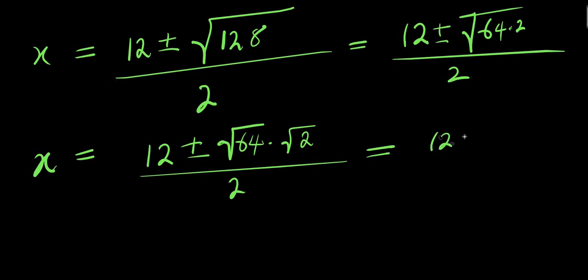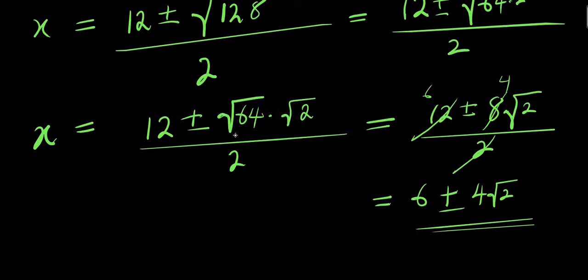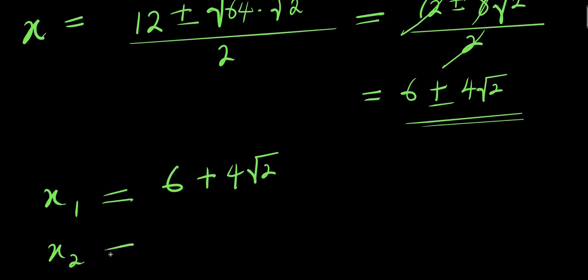So this will give us 12 plus or minus square root of 64 is 8 times root 2, divided by 2. This is 6. This is 4. So we have 6 plus or minus 4 root 2. So we have two values for x. We have x1 equals 6 plus 4 root 2, and x2 equals 6 minus 4 root 2.